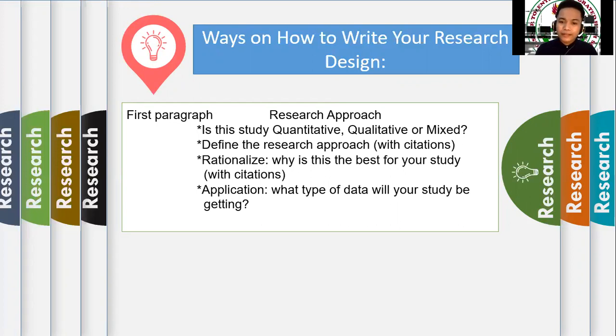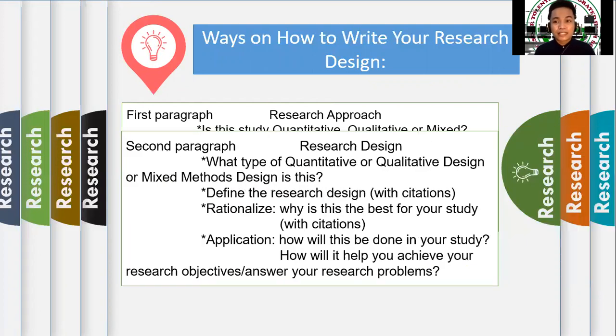And then what type of data will your study be getting? So how are you going to get your data? Right? The second paragraph includes the research design. So the question will be, what type of quantitative or qualitative design or mixed method design is this? Is this a descriptive quantitative research design?